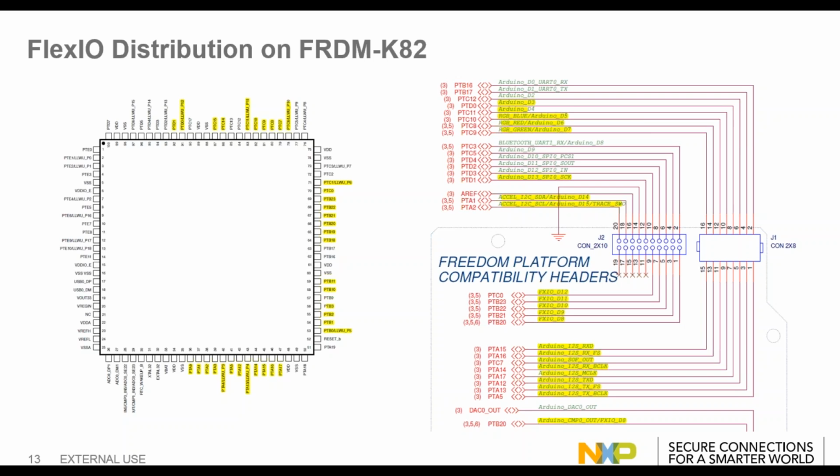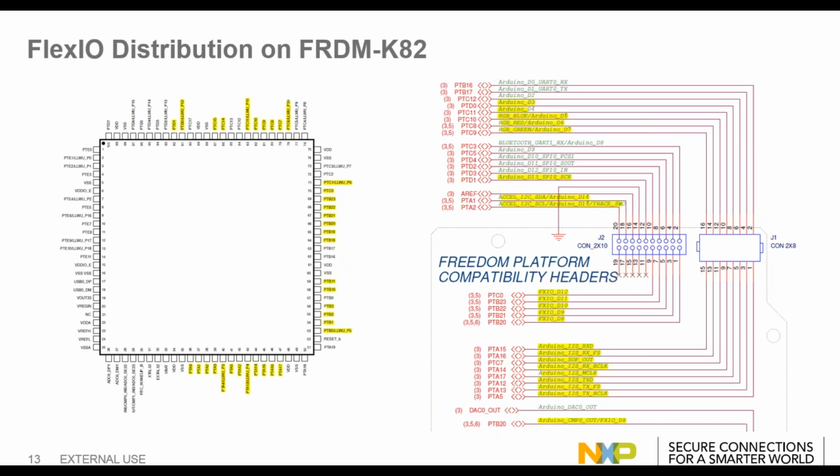You can see across the platform compatibility headers, to be Arduino compatible, we have very many signals that are digital signals, for example I2S signals, but they are also FlexIO signals, whether they be the Arduino D5, D6, D7 at the top, or the I2S or SPI signals going to the Arduino header.